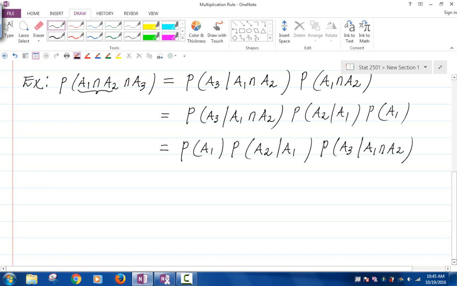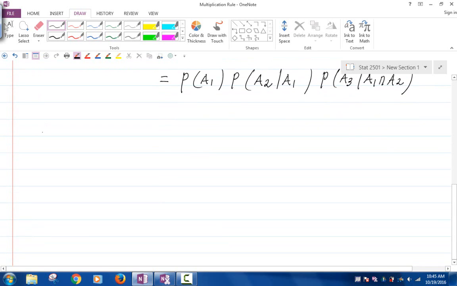Maybe let me do one more time. What's the probability of A1 intersected with A2 intersected with A3 intersected with A4?